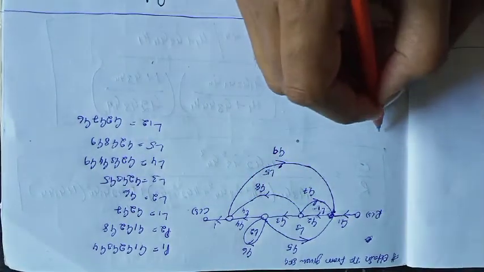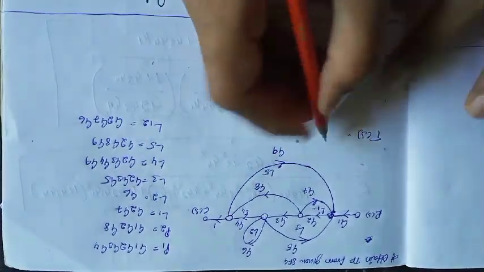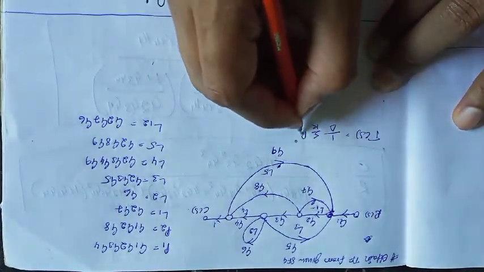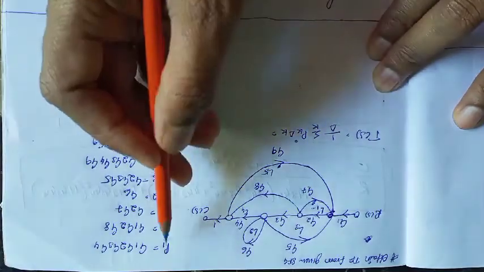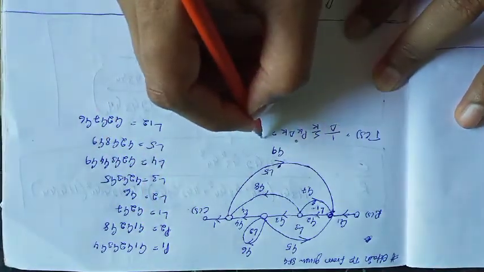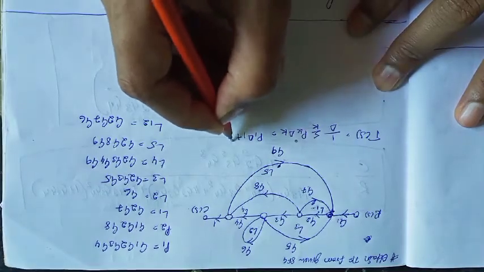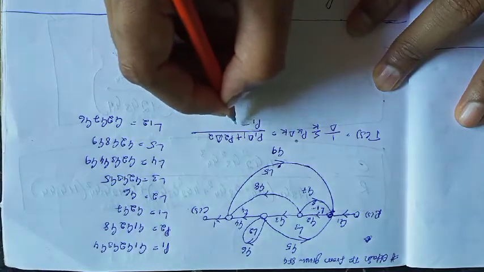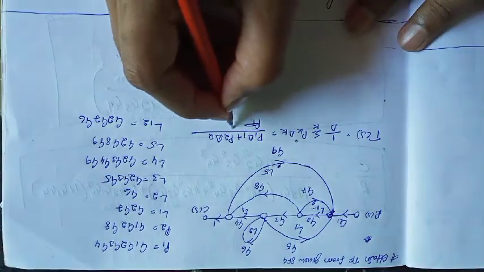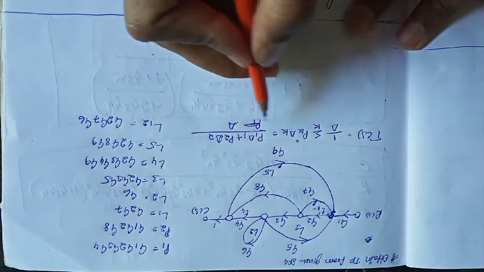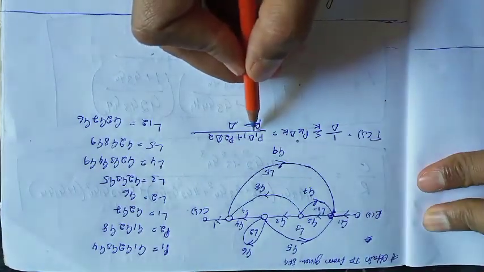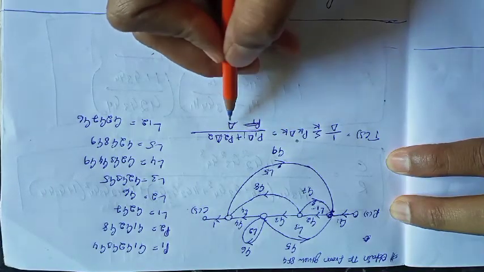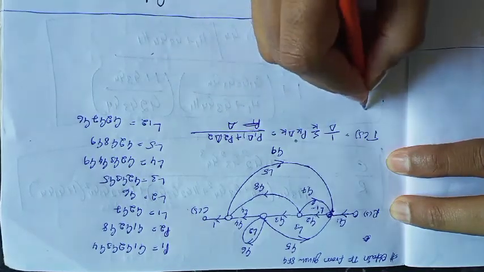Now Mason's gain formula for the transfer function: T of S equals 1 upon delta, summation over k of Pk delta k. Again there are two forward paths, therefore P1 delta 1 plus P2 delta 2, divided by delta. P1 and P2 are given, and we have to identify delta 1 and delta 2. Before that, we write delta.